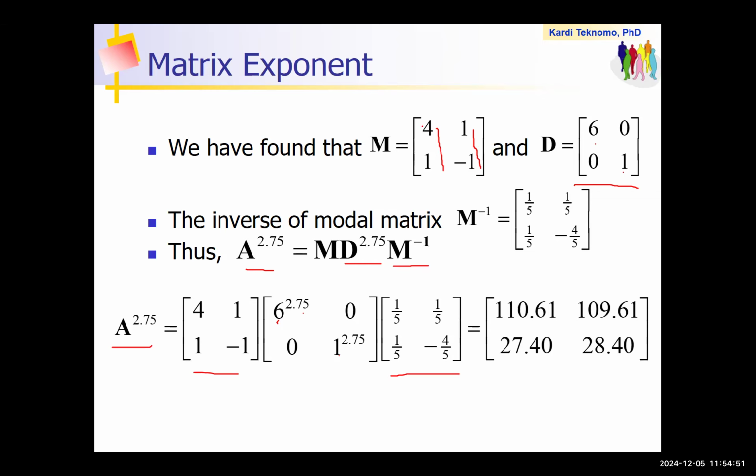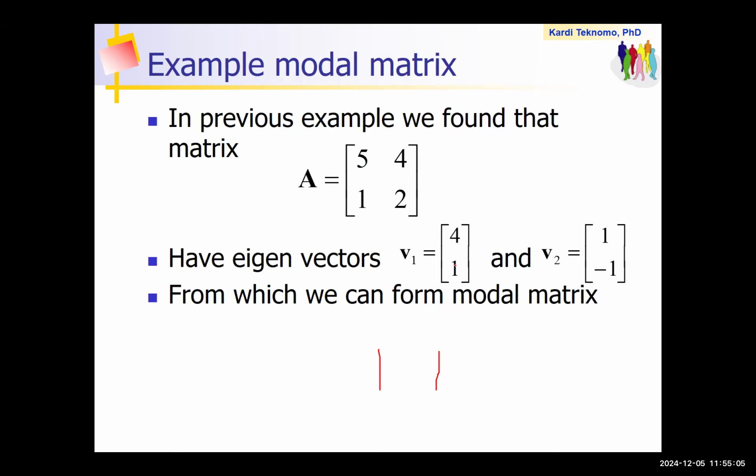As easy as that, it is just the eigenvectors. You see, a while ago, this one, the eigenvector, you remember? The eigenvector is this one. See, the eigenvectors are 4, 1 and 1, minus 1. And then you form the modal matrix. It is just concatenating them. Is it clear or not?